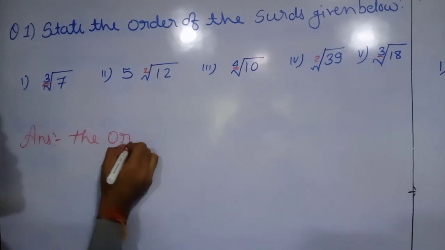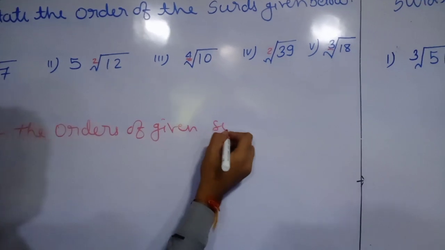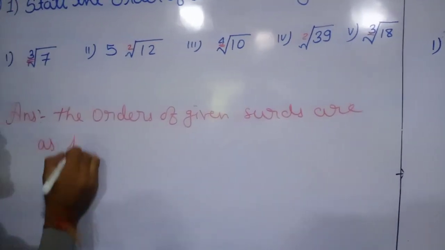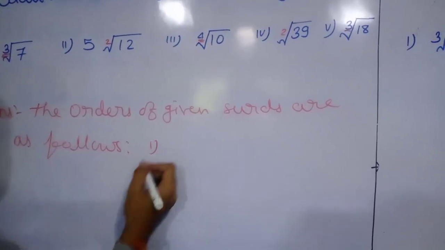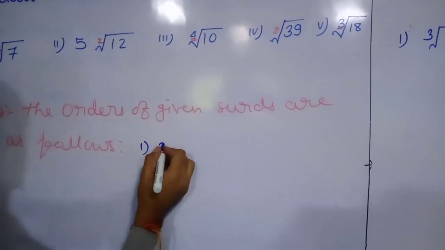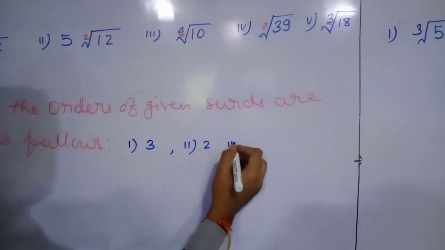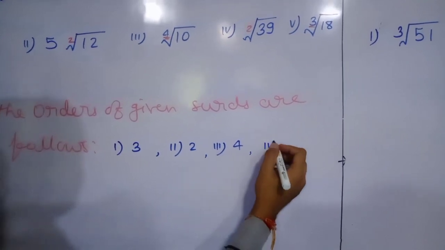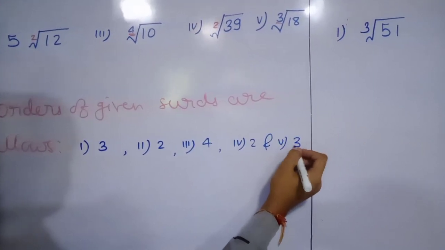The order of the given surds are as follows. In the first one we have order 3, in the second one order 2, in the third one order 4, in the fourth one order 2 and in the fifth order 3.